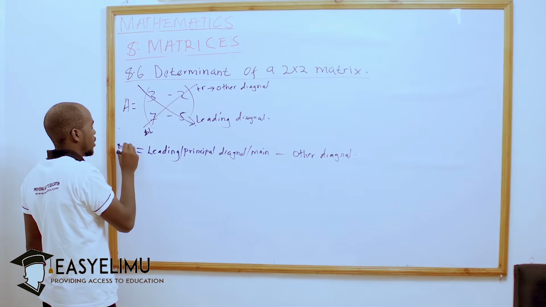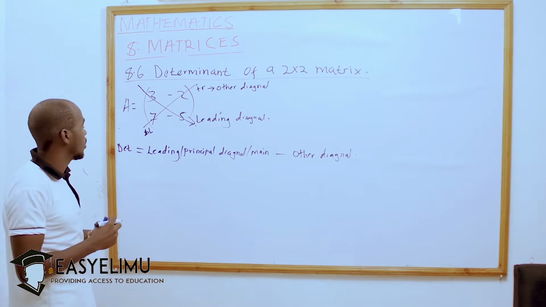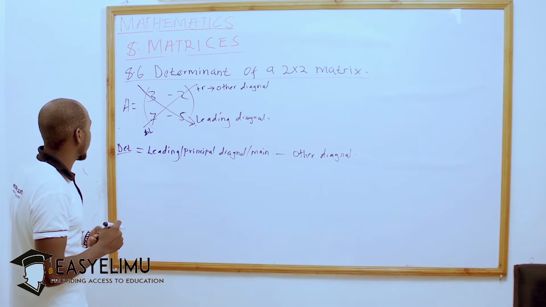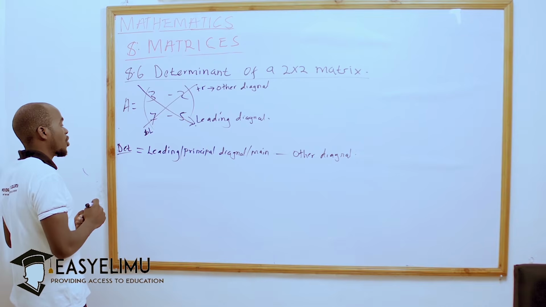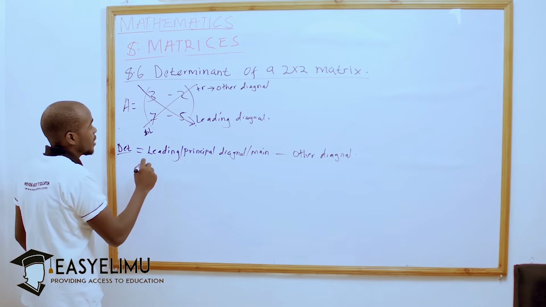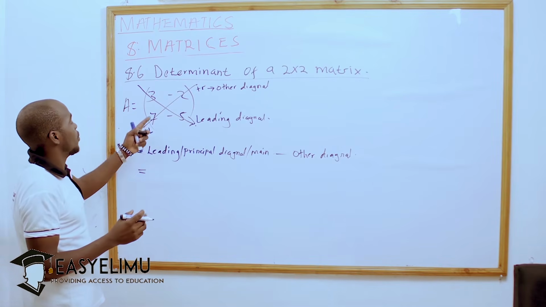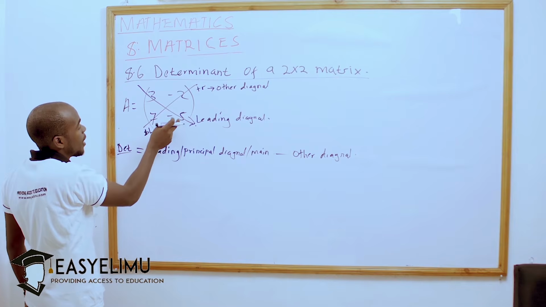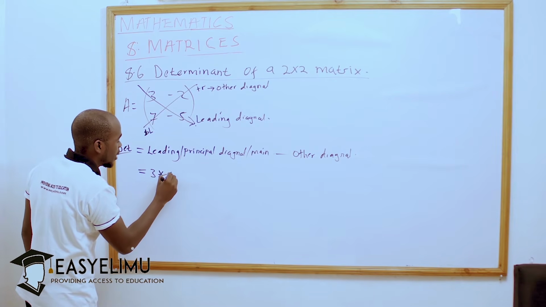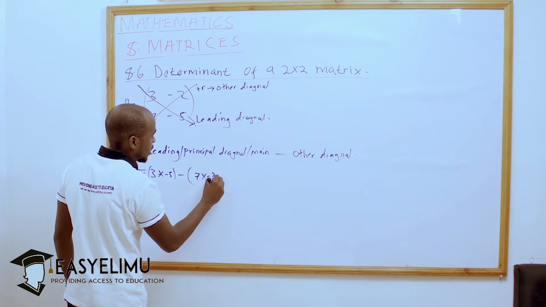This is what I'm calling the determinant, and it is abbreviated as DET, with a capital or small letter, it doesn't matter. So for this case, our determinant for this matrix will be 3 multiplied by -5, then we subtract 7 multiplied by -2.